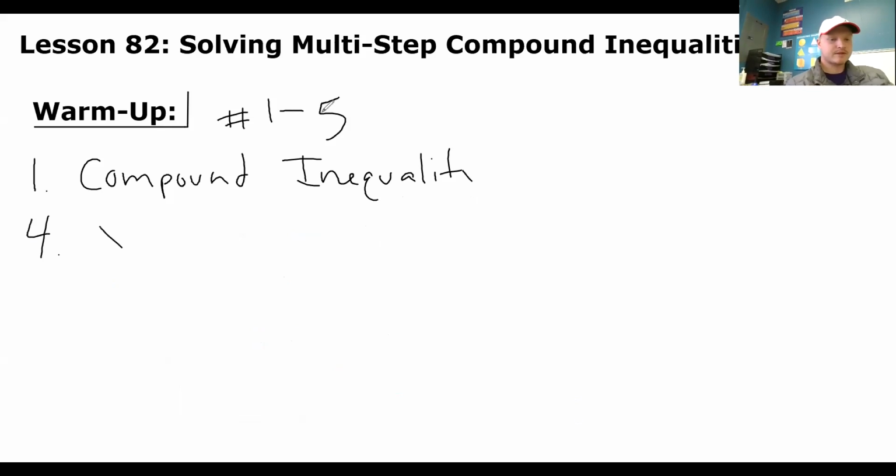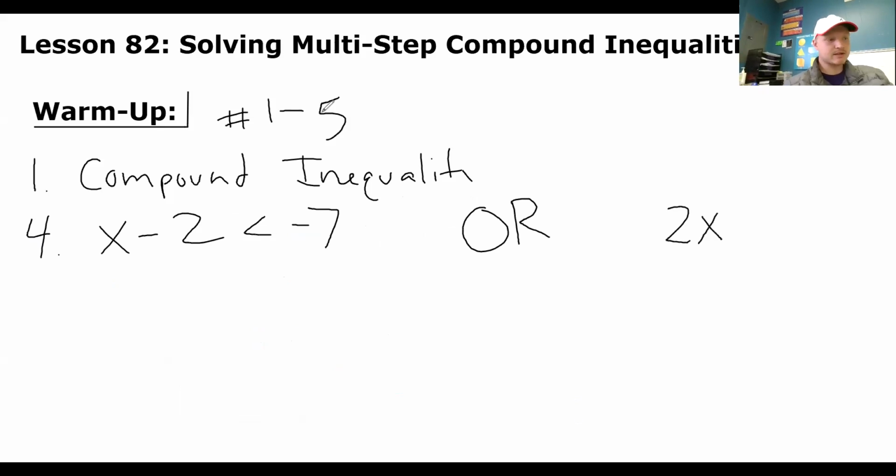We have x minus 2 is less than negative 7. Now we're throwing in an or here, or 2x is greater than or equal to 11.